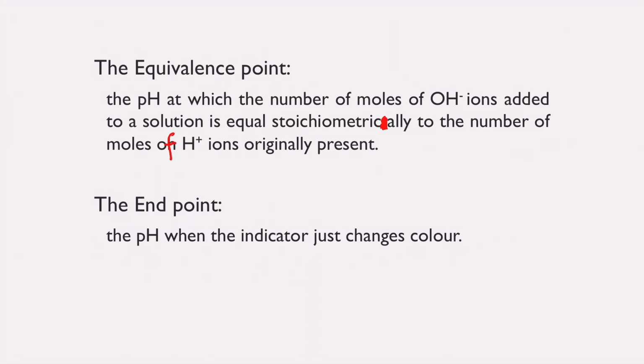So basically the equivalence point is when the number of moles of your acid, let's say HCl, is equal to the number of moles of hydroxide ions, or you can interchangeably say your base. It means that at the equivalence point, all your HCl is neutralized by NaOH, if HCl is in your conical flask.